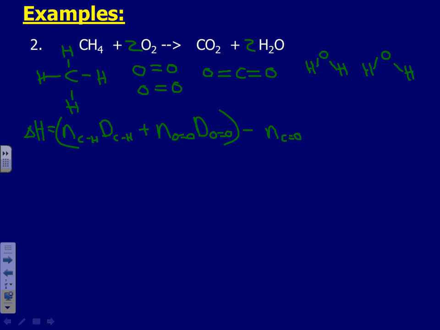This is the CO bond in a carbon dioxide molecule, which means you need to use the bigger number at the bottom of the page if you're working ahead of me, right? Times the bond energy for C double bond O for carbon dioxide. And then we've got the number of OH times the D for OH. And now we can get some numbers.